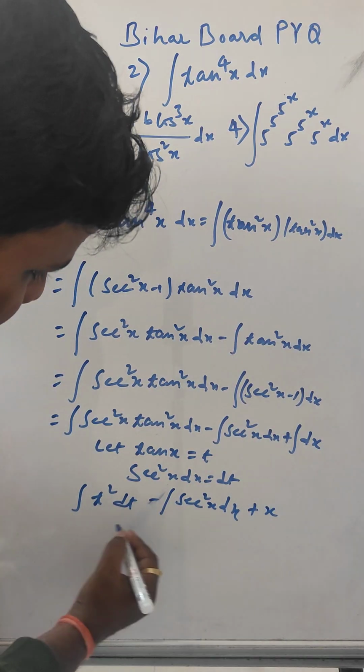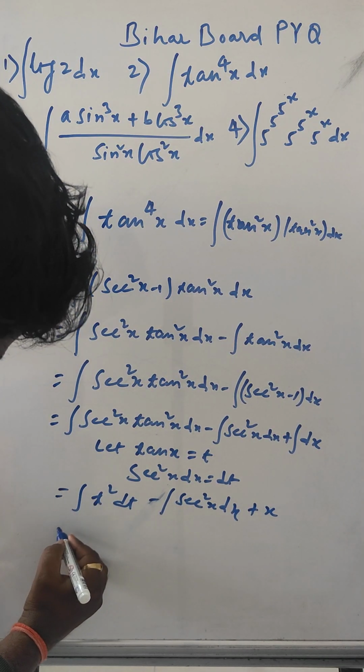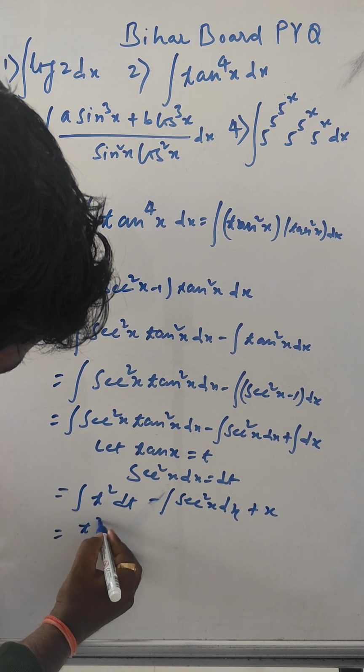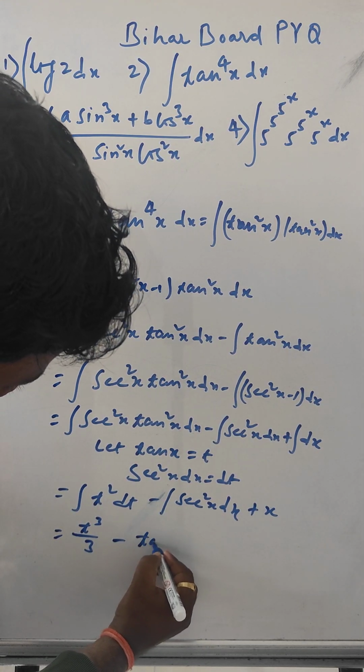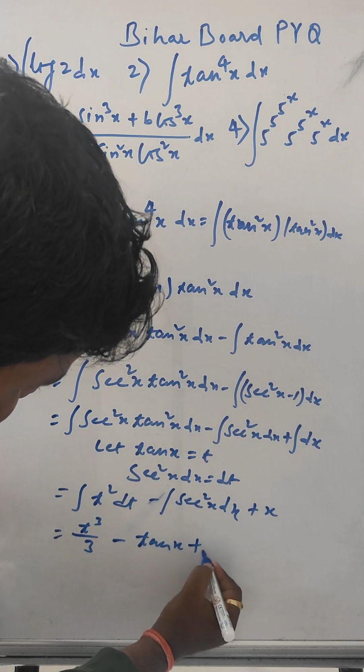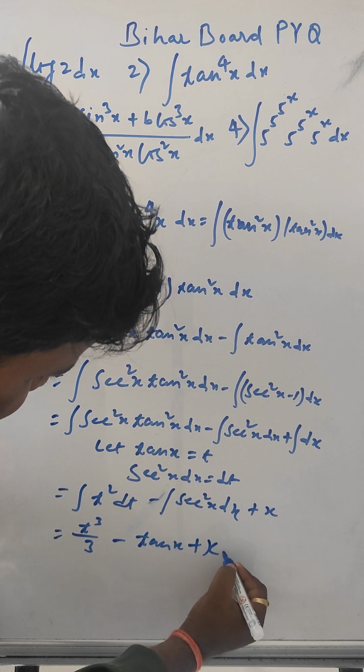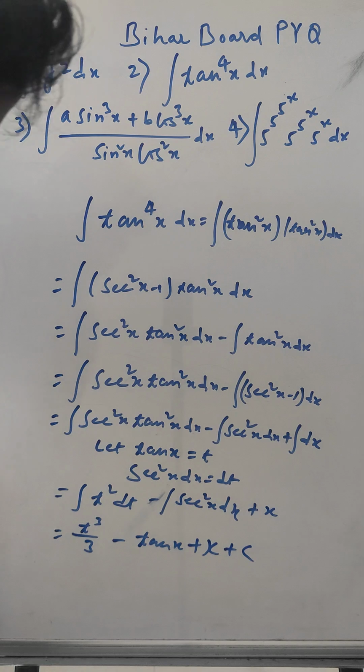Now this is t to the power 3 by 3, minus tan x, plus x, plus c.